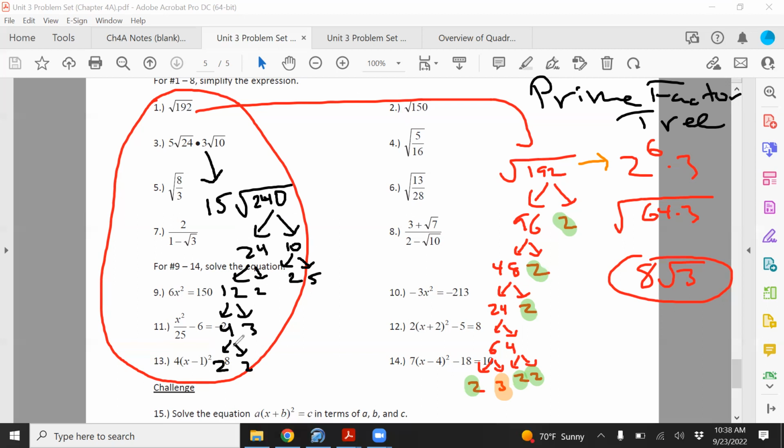Let me get a highlighter out here. 2, 2, 2, 2, and then I have a 3 and a 5. Exactly. So 240 becomes 2 times 2 times 2 times 2 times 3 times 5.